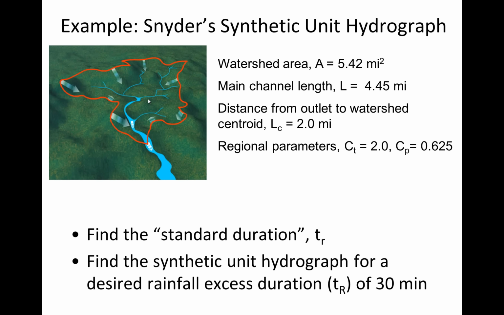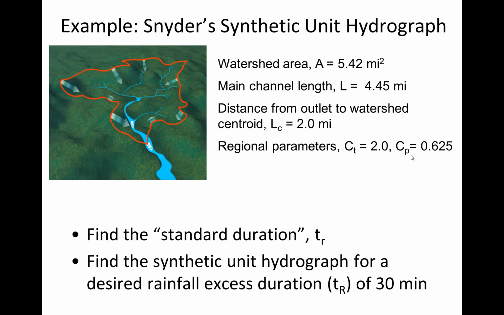And a long skinny watershed would have a longer L sub C compared to a more circular shape. In this example, the C sub T and the C sub P are regional parameters that have been derived from an analysis of adjacent watersheds or estimated statistically as described by the book.